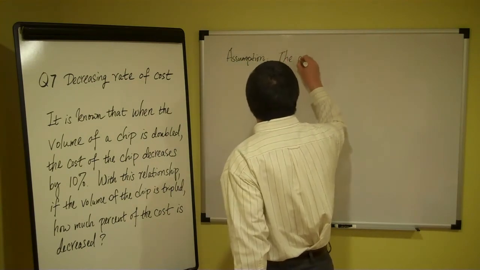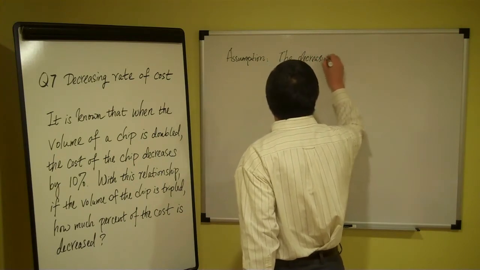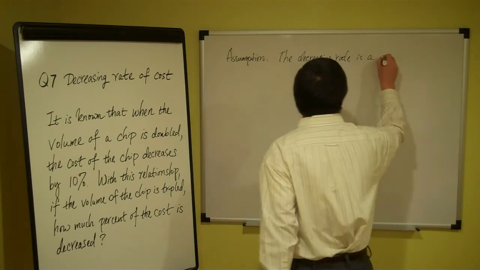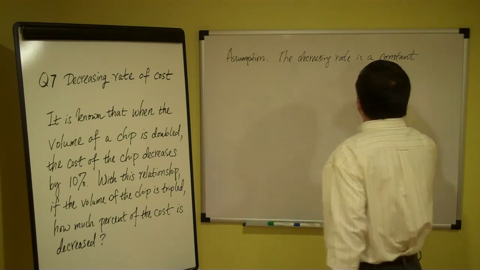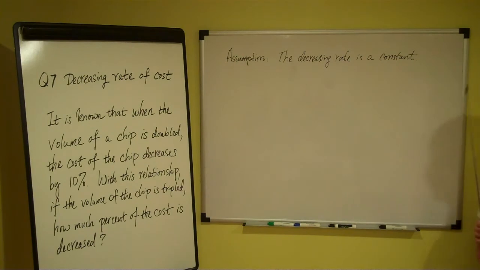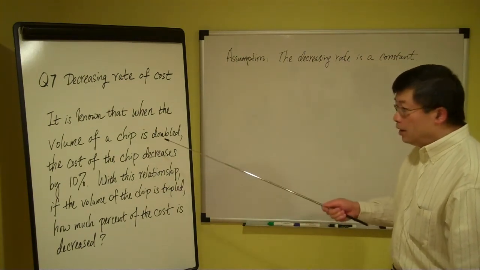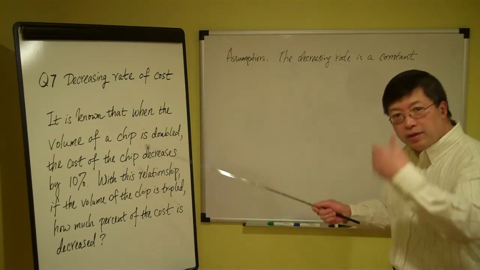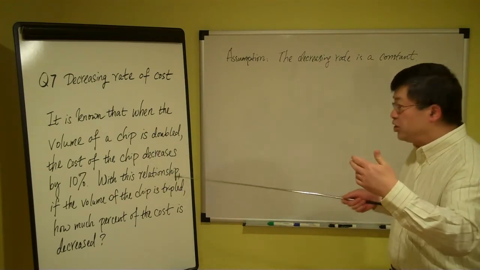The decreasing rate is a constant. That is the first step. Second, how to use a formula to represent the decreasing relationship?